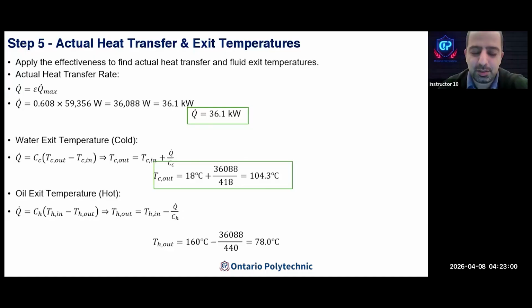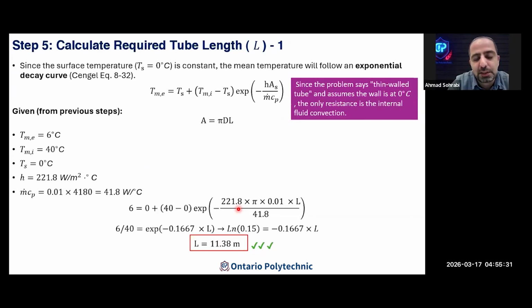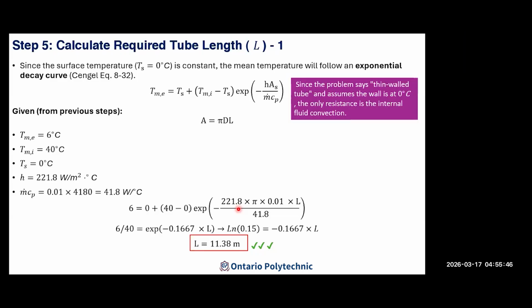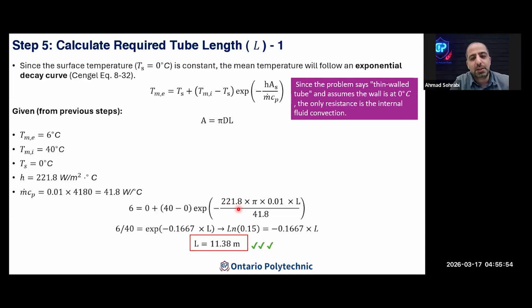Thank you. Okay. For this example, both the inlet and exit temperatures are given, and it's asking for the length of the pipe. Any questions? You calculated the mean temperature. Why didn't you go with the LMTD? Yes, we can go with the LMTD as well.